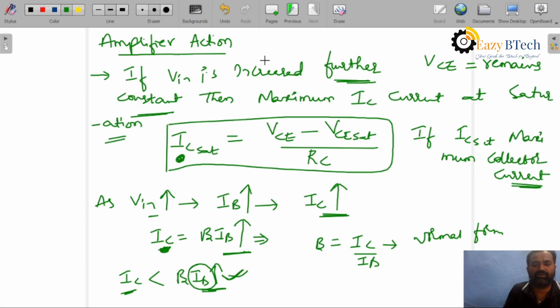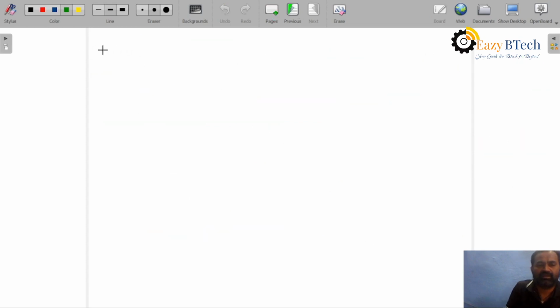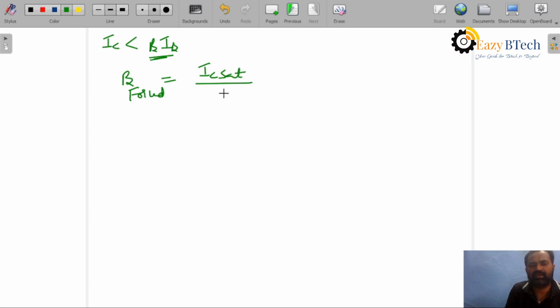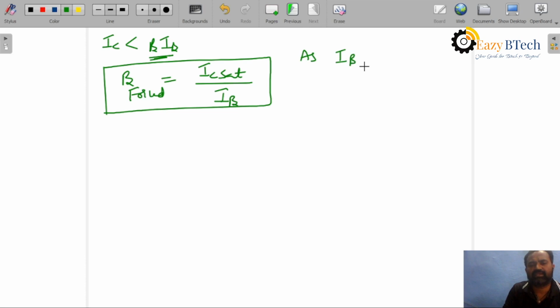Then we will call it forced beta. When IC is less than beta IB, then this beta is known as beta forced. Beta forced is equal to IC saturation, the maximum current, by IB. Now you can see here, as IB increases, beta forced decreases, because both are inversely proportional. Now this can be clearly explained by using overdrive.